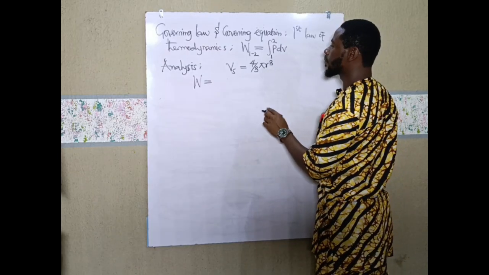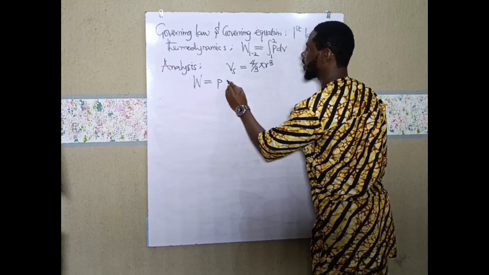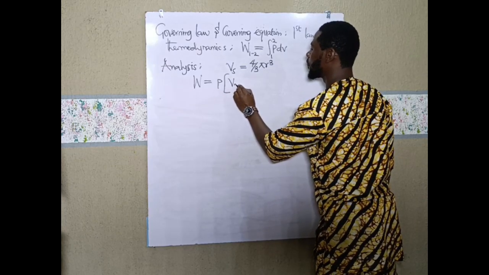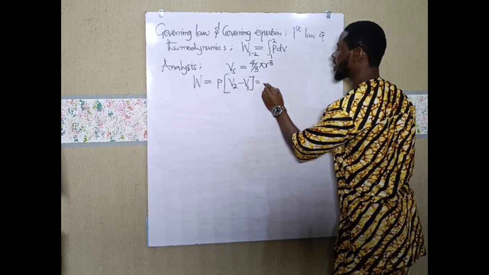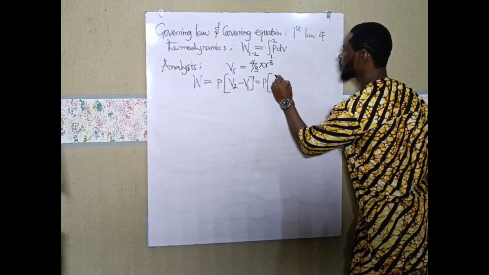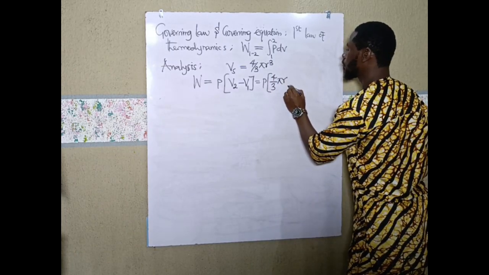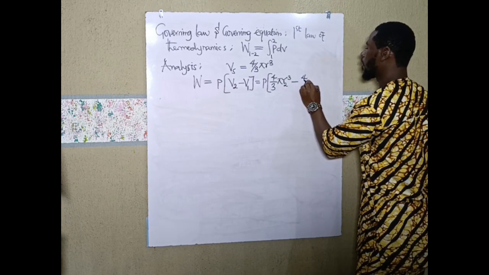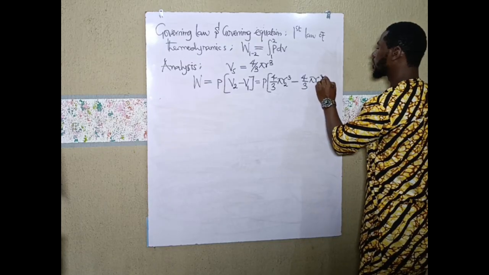Now, the work done becomes P into bracket volume V2 minus volume V1, which is the same thing as P into bracket V2 becomes 4 over 3 pi r2 cube minus 4 over 3 pi r1 cube.